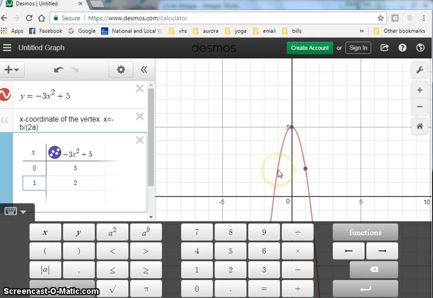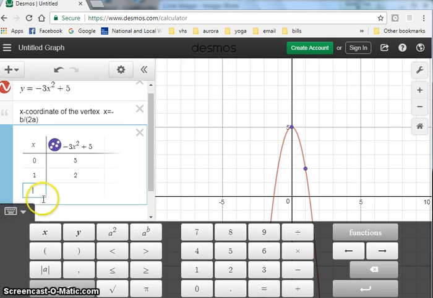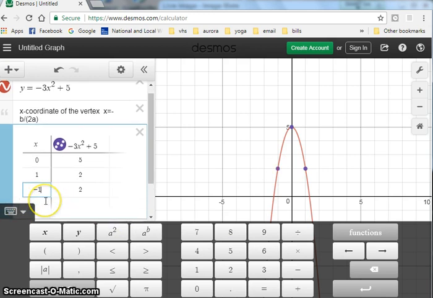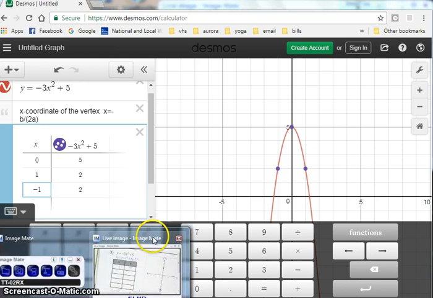What's 1 away on the other side? That would be negative 1, so let's put a negative 1 over here. Good, the y-coordinates are the same. They have to be in order to be reflections across the axis of symmetry. Going back to my paper, I'm putting in 1, 2, and negative 1, 2.